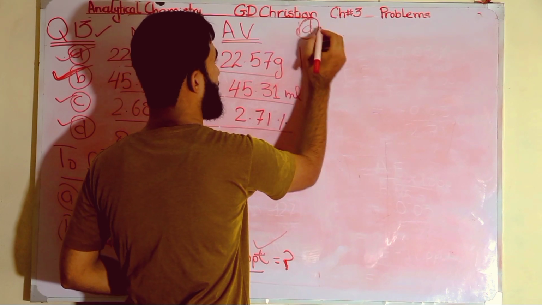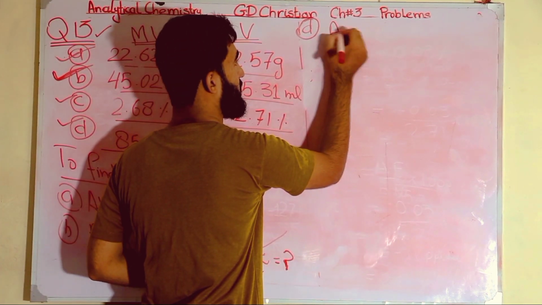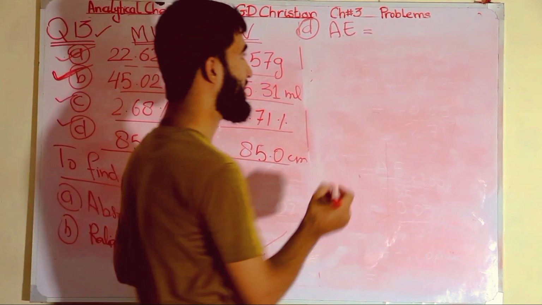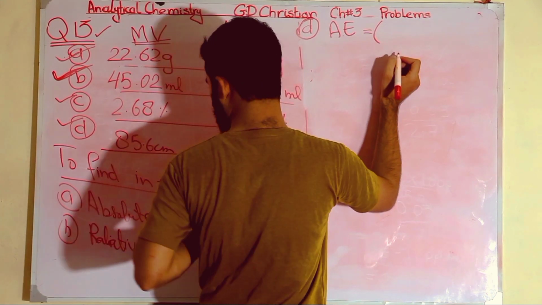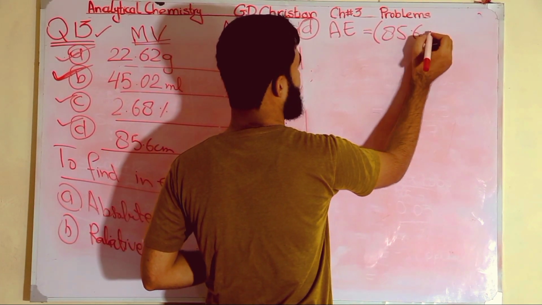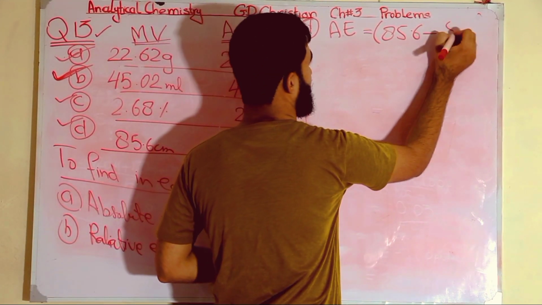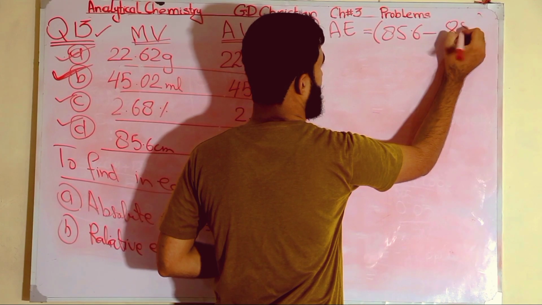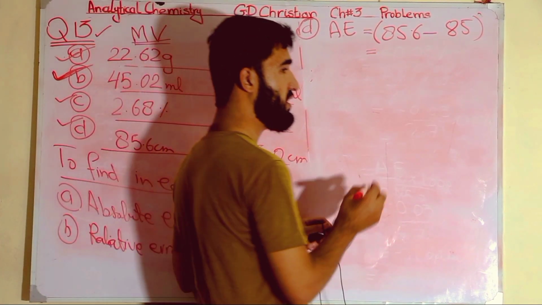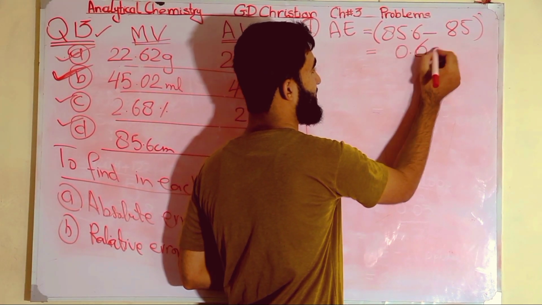Part D. First of all, we have to find absolute error. I am putting the values directly. Measured value, which is equal to 85.6 centimeter, minus accepted value, which is equal to 85. By solving this, we obtain absolute error, which is equal to 0.6 centimeter.